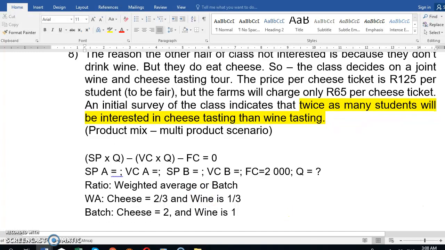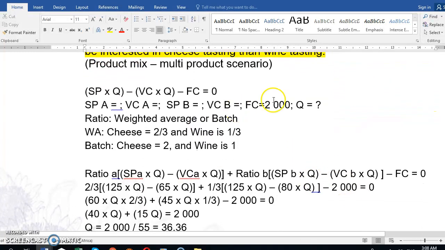Like I said, we still use this linear equation. The only difference is we have selling price and variable cost for each product separately.